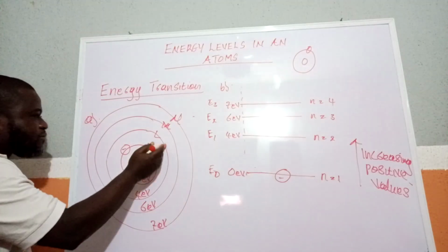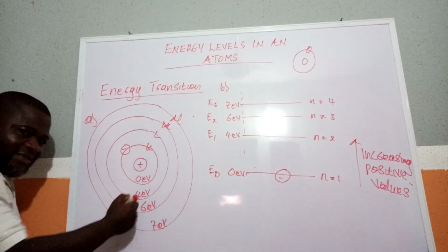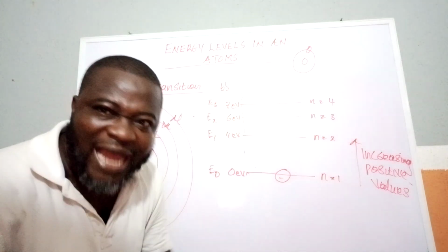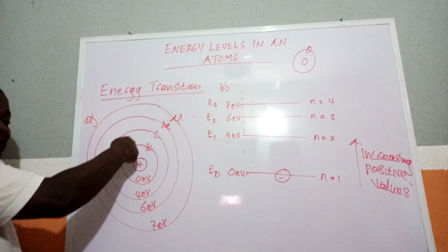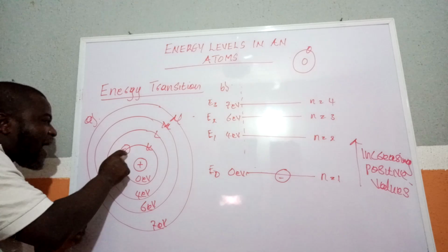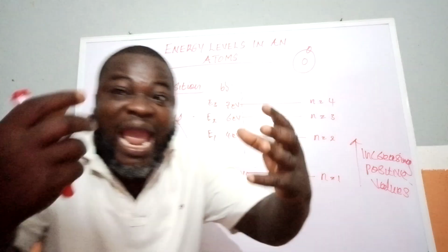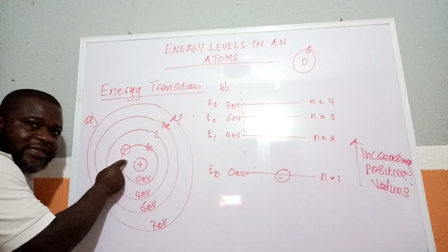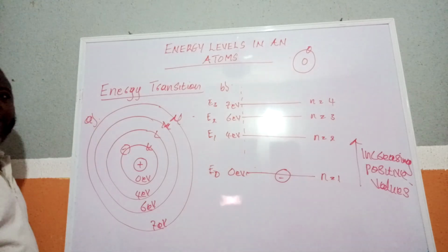Let us assume this one is now in its excited state. What will have happened to it? That means a photon has traveled down to this electron. That means this electron will gain what? We gain a photon. And what do I call that photon? Quantum or energy. When it gains that photon, that is when it will have the ability to jump from this energy level to this energy level.